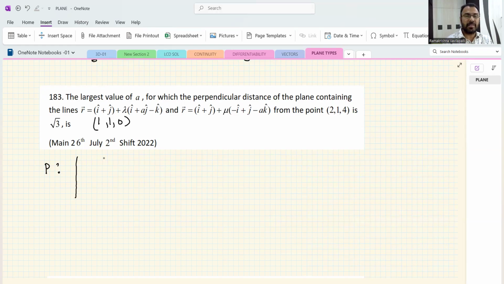X minus 1, y minus 1, z minus 0. First line parallel to this vector 1, a, minus 1. And the second line parallel to this vector minus 1, 1, minus a. This is equal to 0.